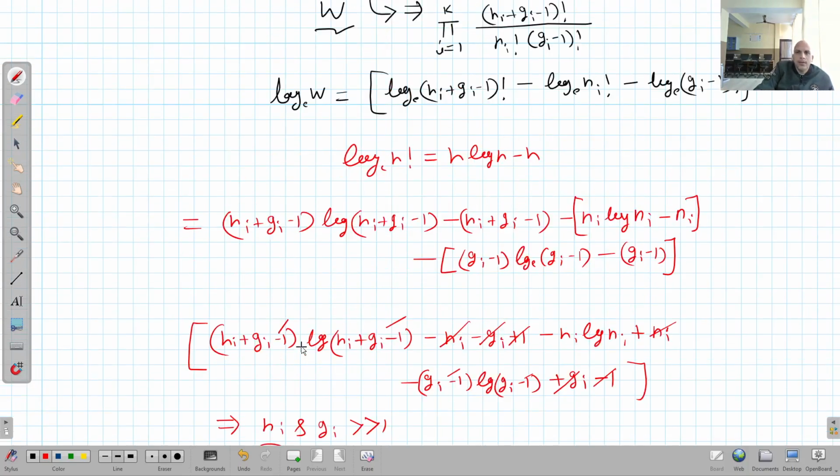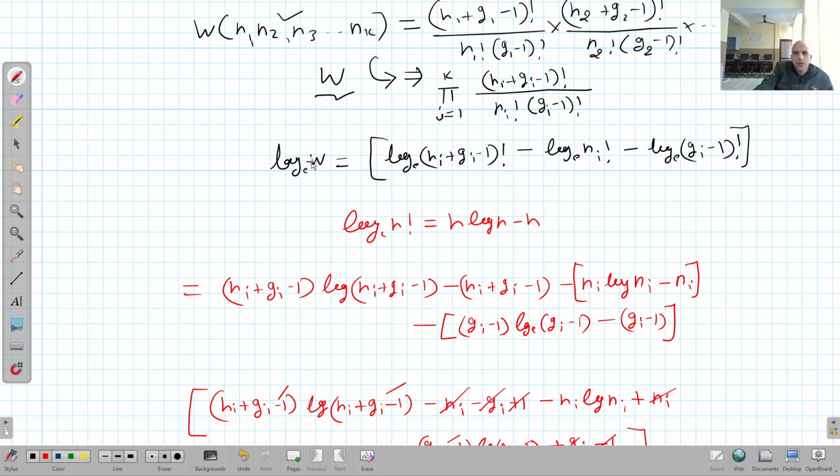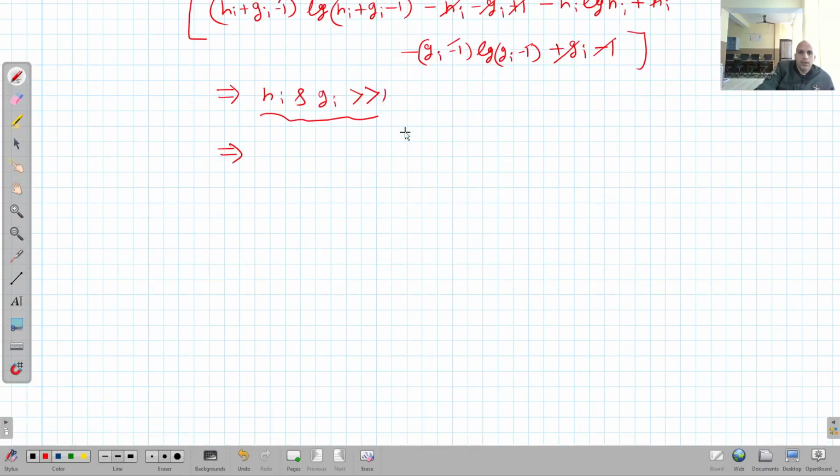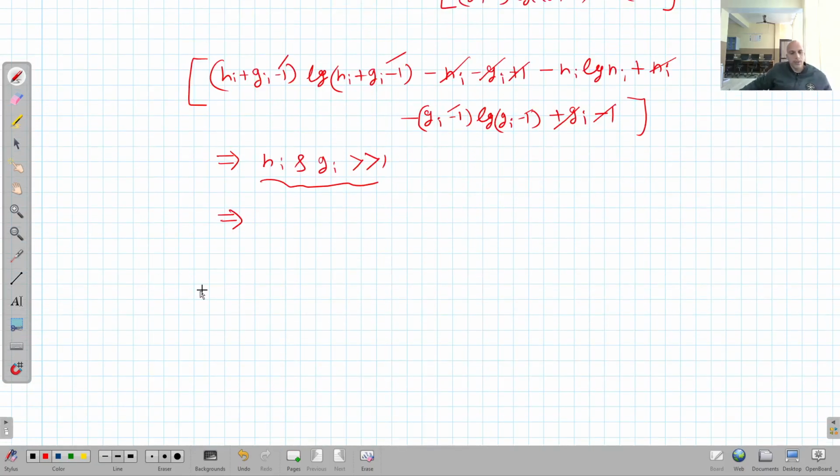One thing that I forgot here, that when I took log on both the sides, then it will become a summation. Clear? So it is i goes from 1 to k. Then in that case, it will become summation of (Ni plus Gi) log of (Ni plus Gi) minus Ni log of Ni minus Gi log of Gi.